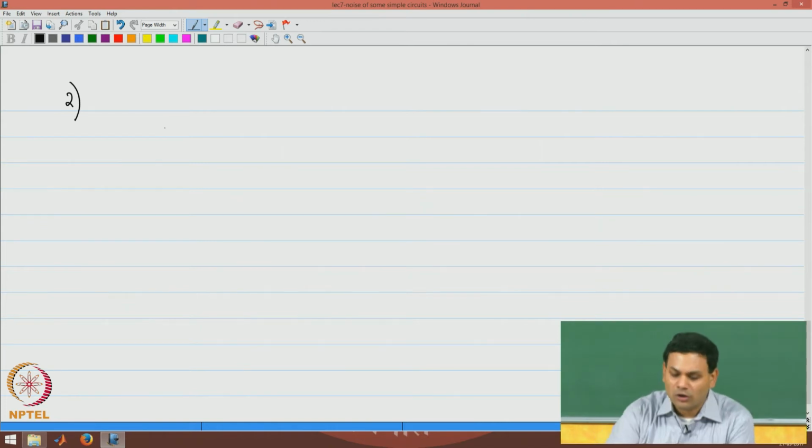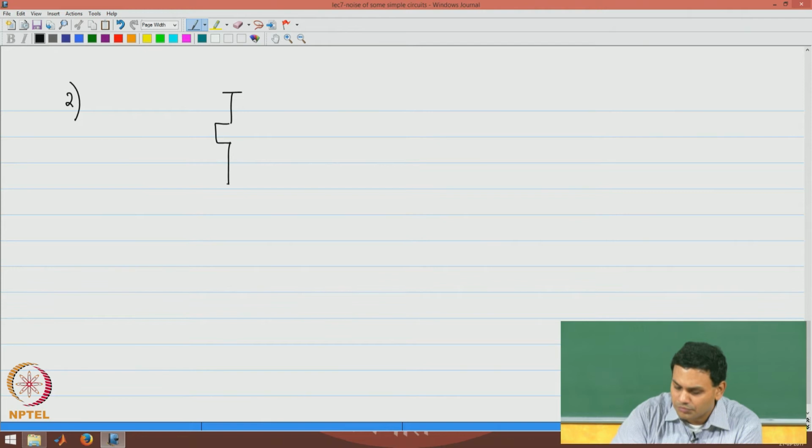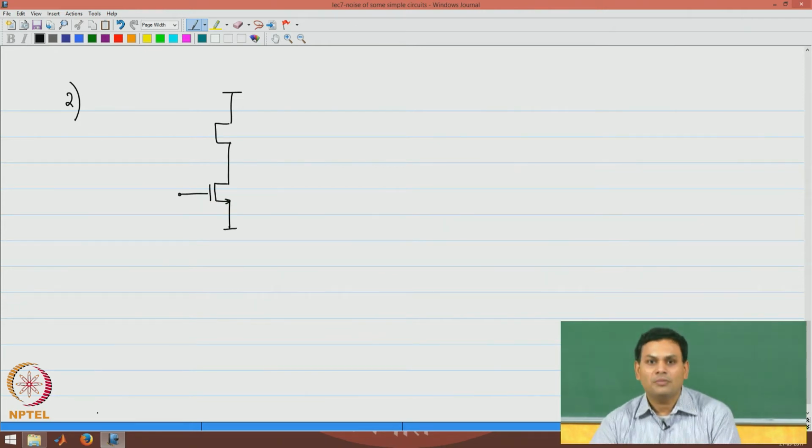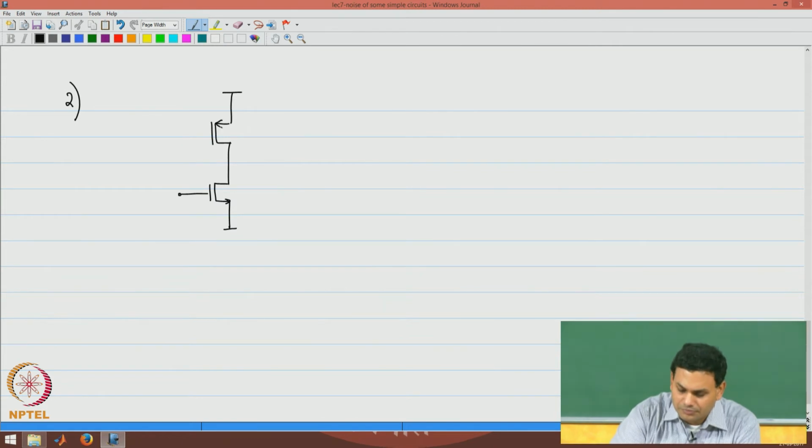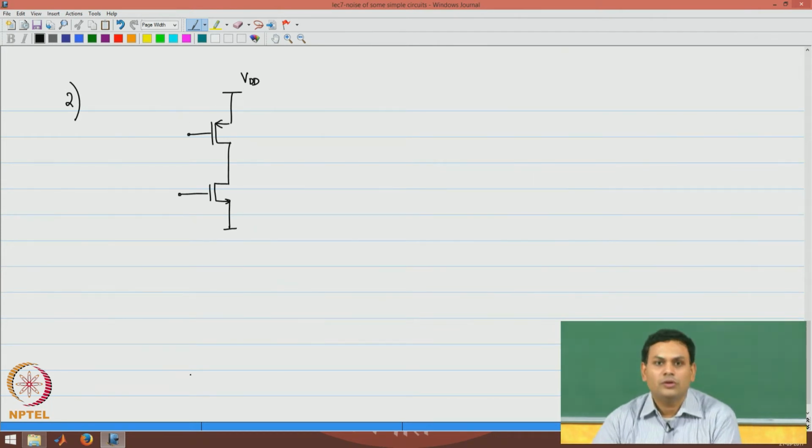Let us try one more example. I will take the same common source amplifier, but now I am going to use an active load, in other words an active PMOS load instead of a resistor.